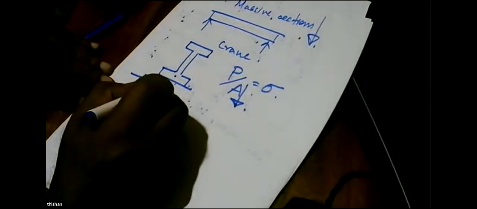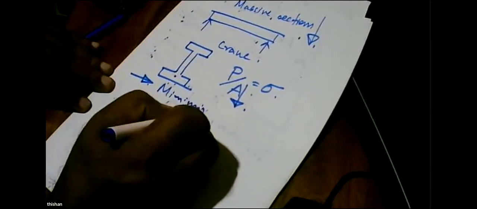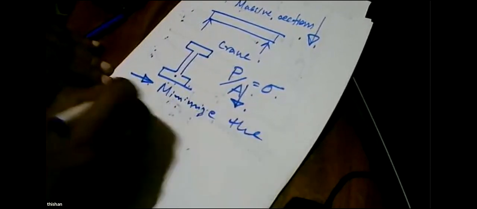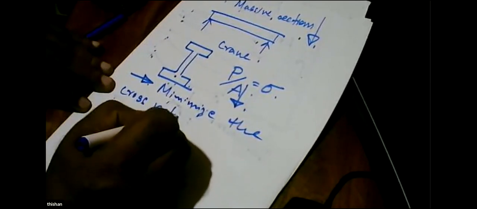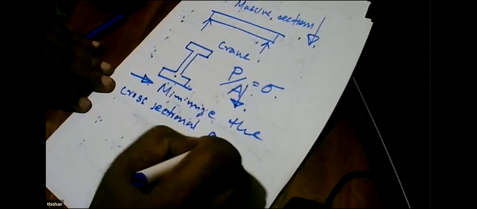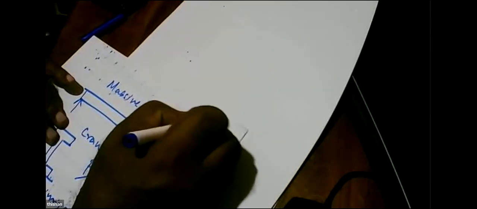So in pre-stressed concrete, the fundamental theory is to minimize the cross-sectional area. So always we say minimize the cross-sectional area.